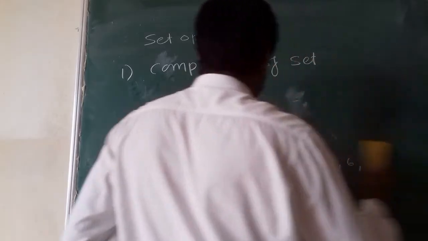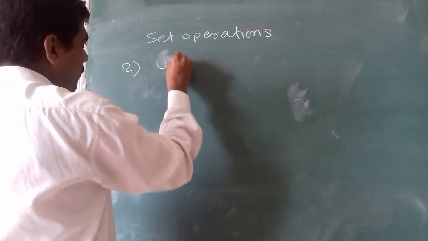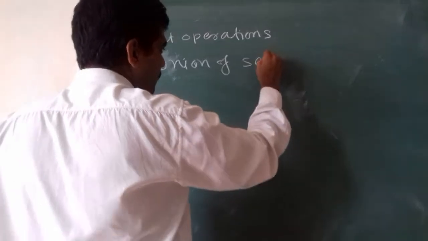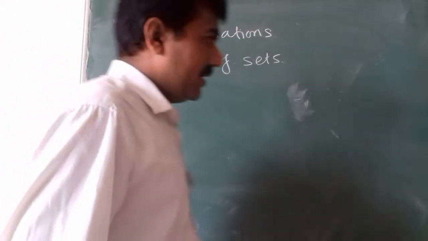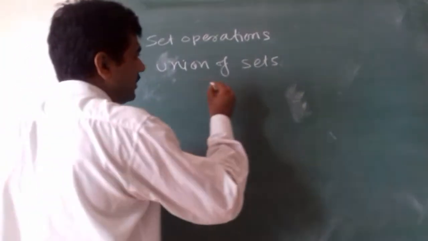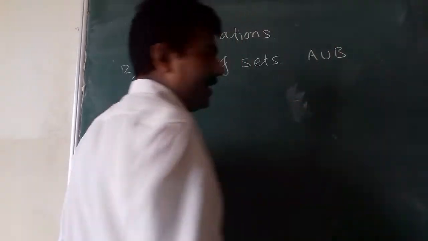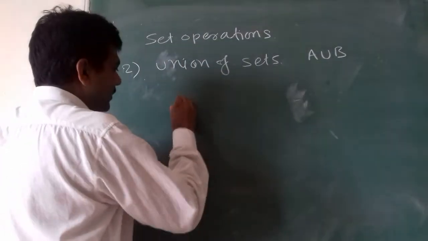Now the next set operation we will see is the union of sets. Let's say capital A and capital B are sets, then the union of the sets is denoted by A union B. This is the symbol for union, and this is the set.